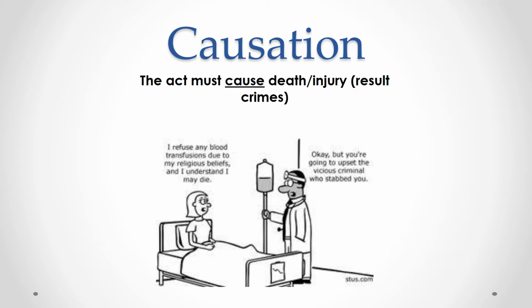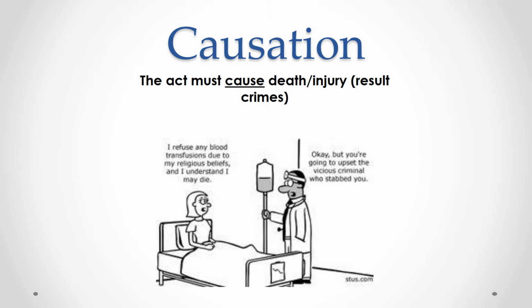Most of the time, it will be really straightforward and obvious. Defendant stabs, kicks, shoots, punches victim, victim becomes injured or dies, and that chain of causation is intact and straightforward.